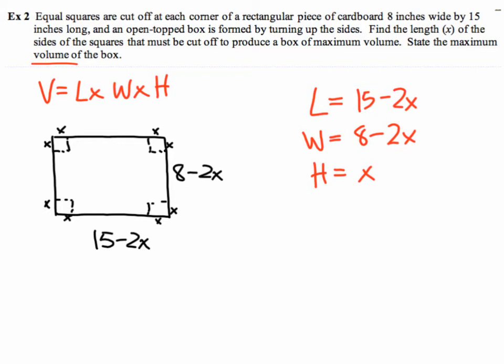My height is x because I've turned up those sides, forming a box. If I substitute the length, width, and height into the volume formula so that I have an equation that includes just x, I'll have V equals 15 minus 2x in brackets times 8 minus 2x for the width times x for the height.